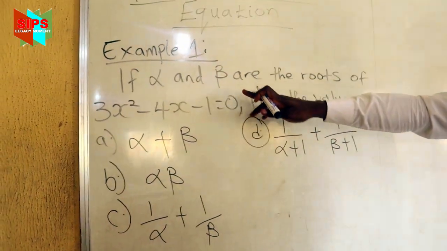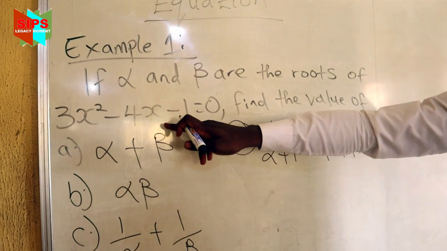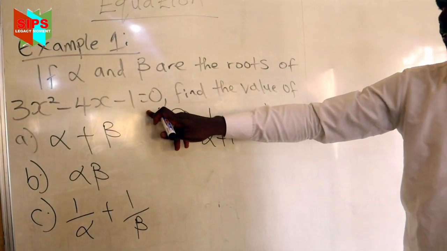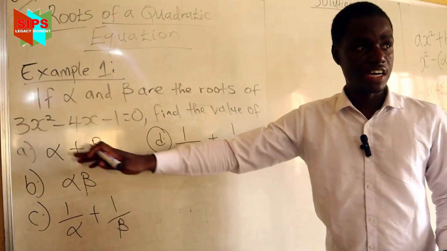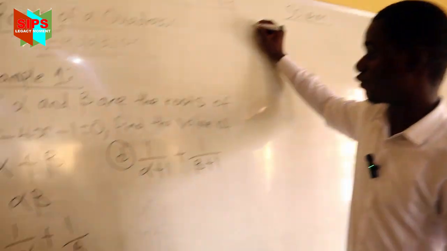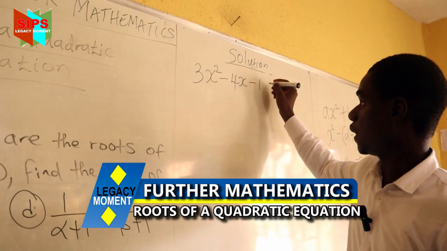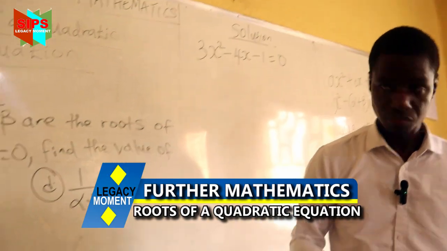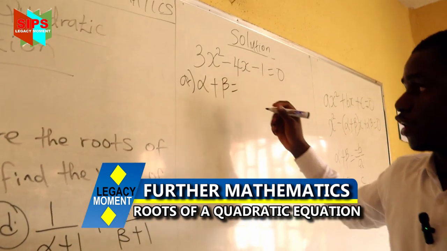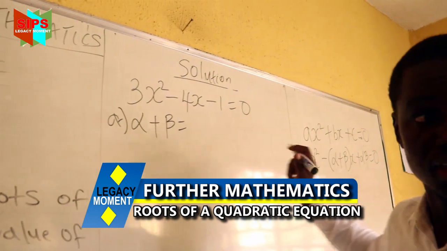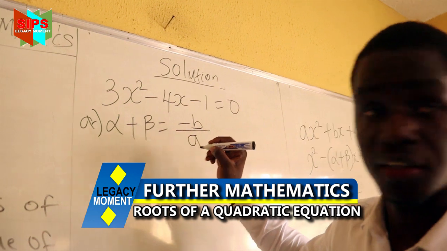If alpha and beta are the roots of 3x squared minus 4x minus 1 equals 0, find the value of alpha plus beta. So this is the equation: 3x squared minus 4x minus 1 equals 0. Alpha plus beta, we already got from our derivation the other time as minus b over a, right?